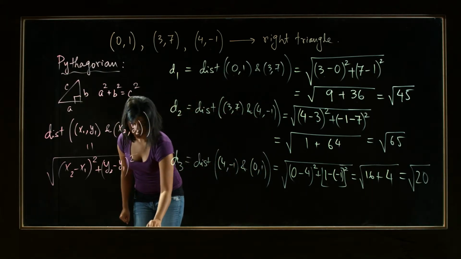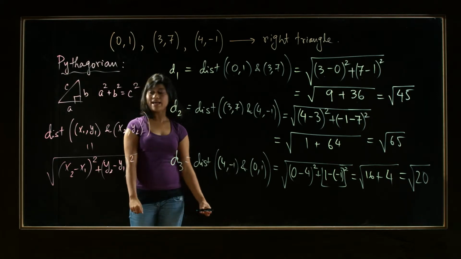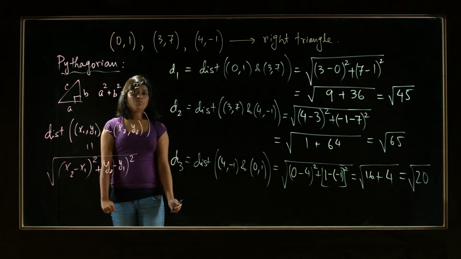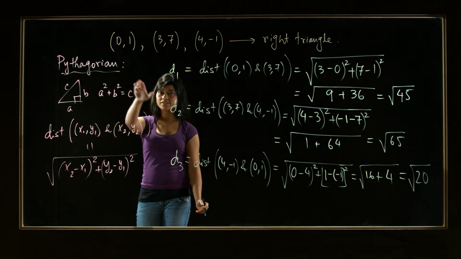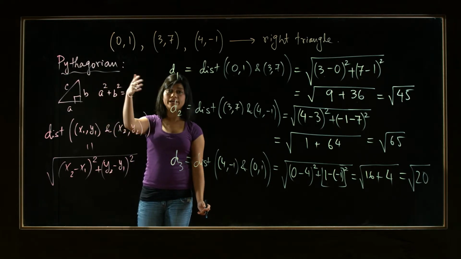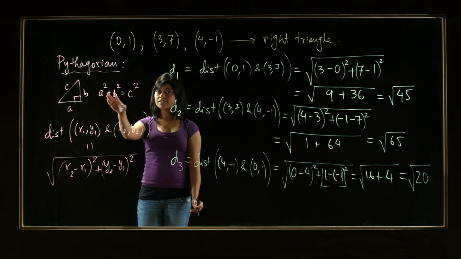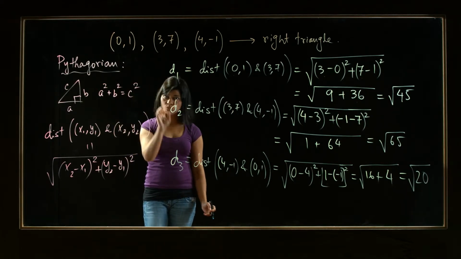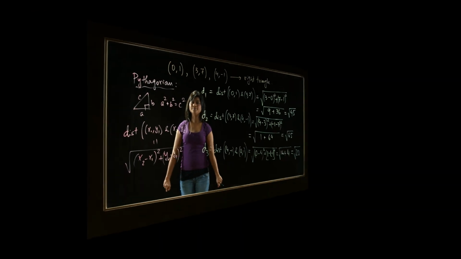All right, so we have all 3 distances. Now we have to figure out whether these 3 distances give us a right angle triangle, by showing that the sum of the squares of 2 of them is equal to the square of the third one.